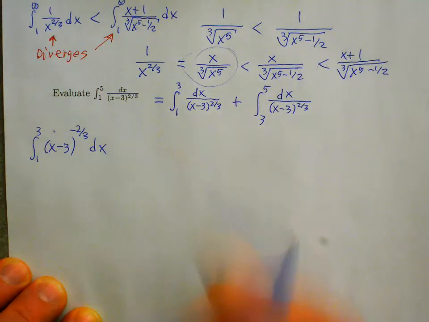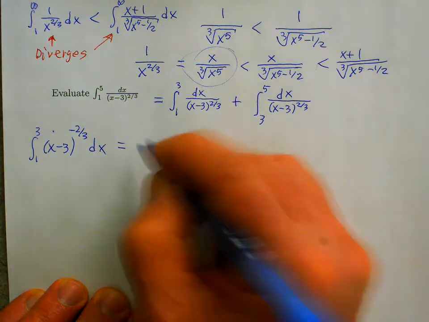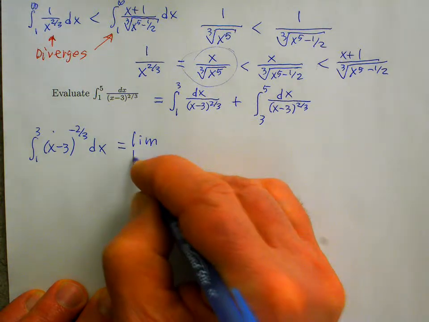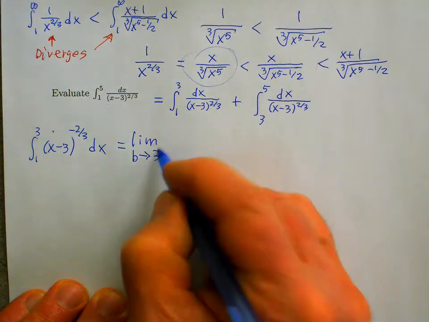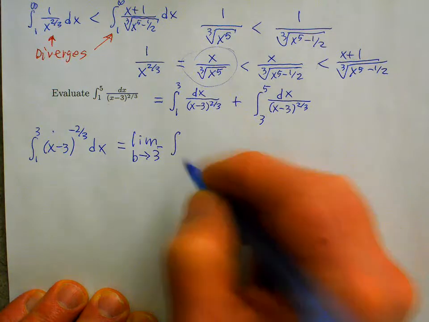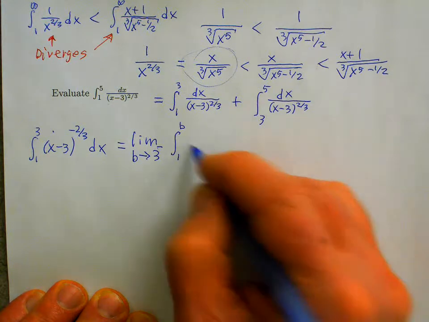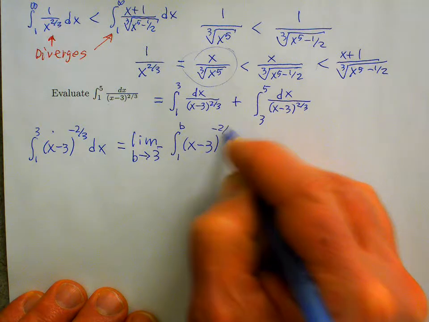So we're going to write this as the limit as b approaches 3 from below of the definite integral from 1 to b of x minus 3 to the negative 2/3 dx.